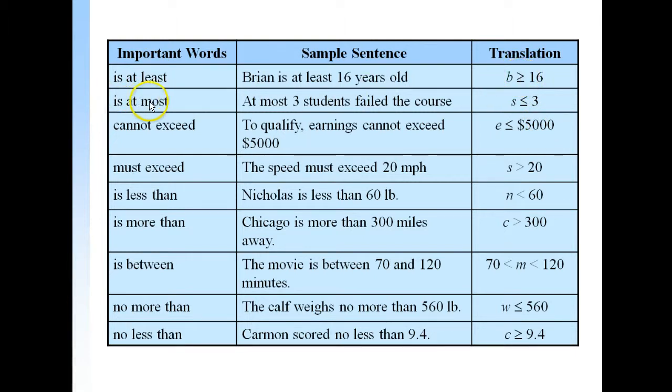Is at most: less than or equal to. Cannot exceed: less than or equal to. Must exceed is greater than. Is less than, that's straightforward. Is more than. Is between.